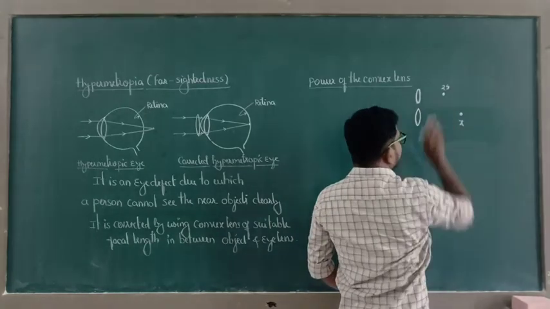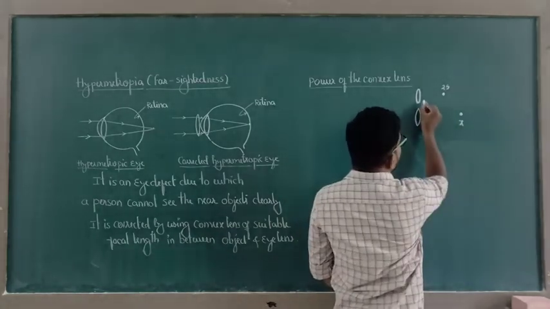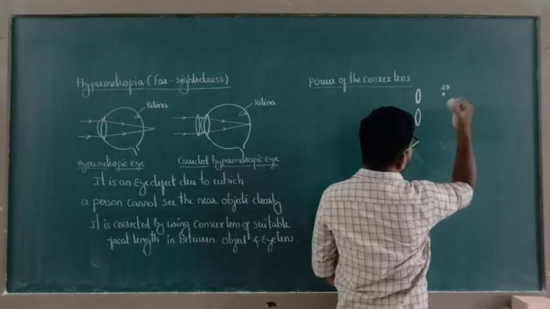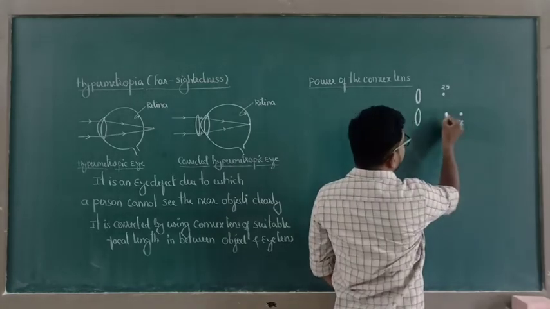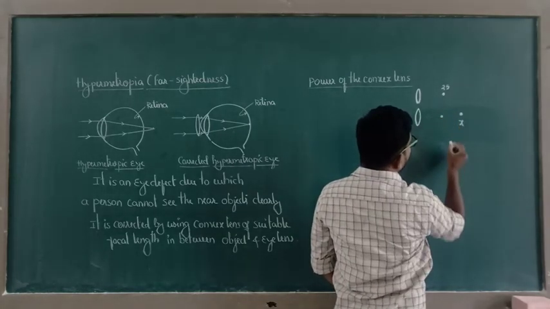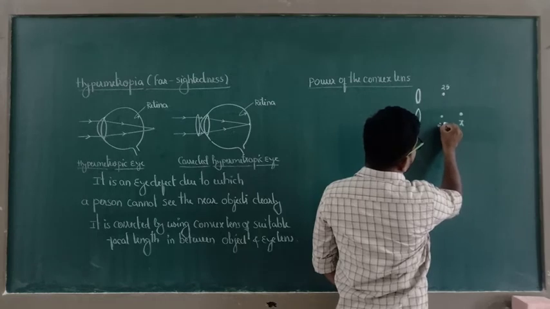Actual position is at 25 centimeter. Therefore it is as like as an object distance. It is as like as an image distance. This is the actual position.